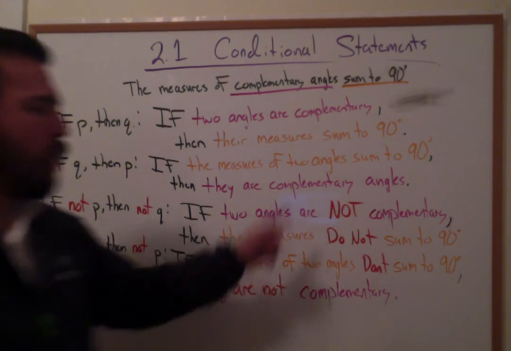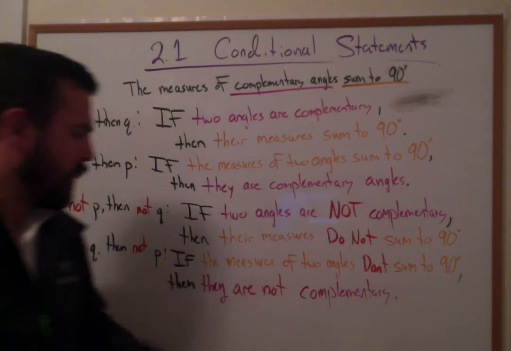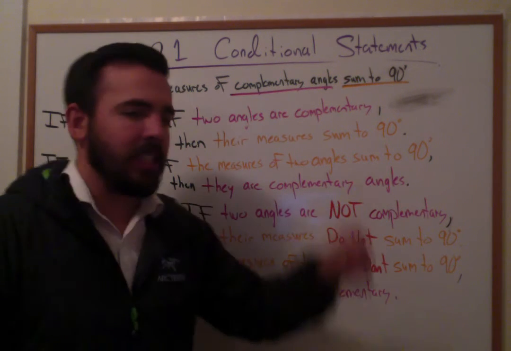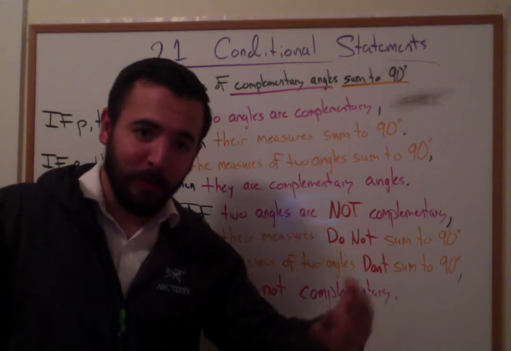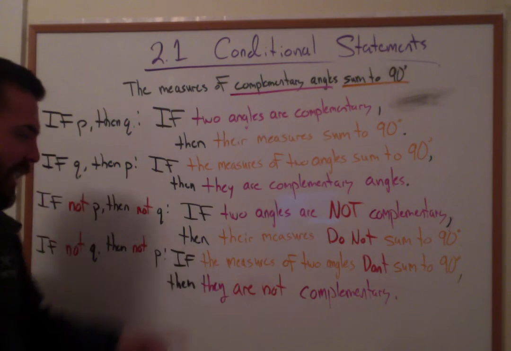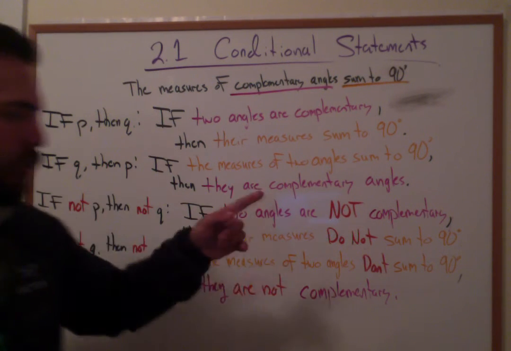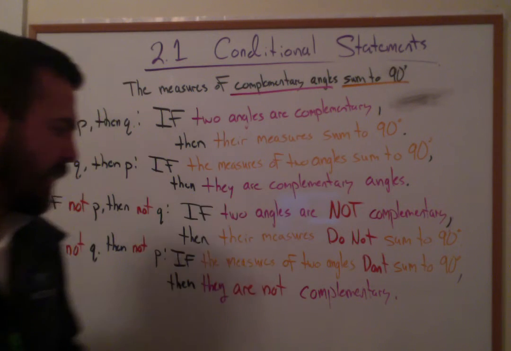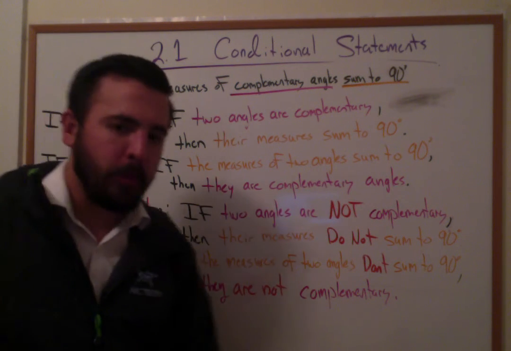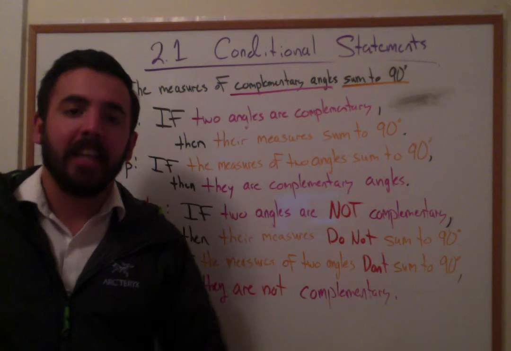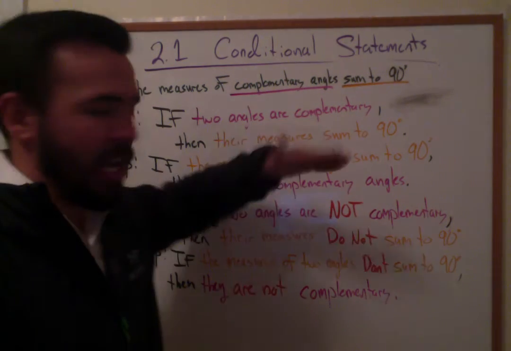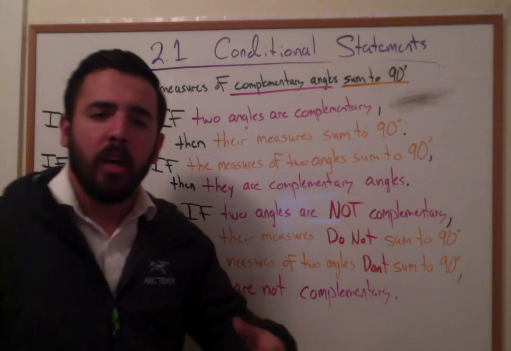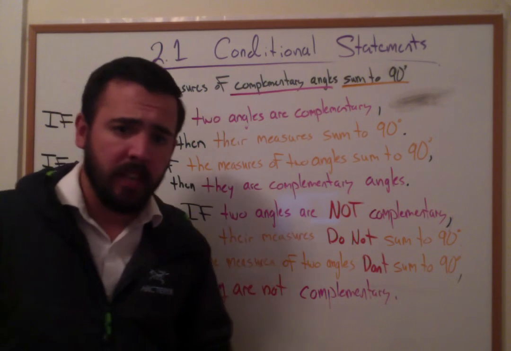If two angles are not complementary, then their measures do not sum to 90 degrees. That is true. And lastly, if the measures of two angles don't sum to 90 degrees, then they are not complementary. Again, that is true. Okay, so you should be able to analyze these statements and say whether they are true or not.